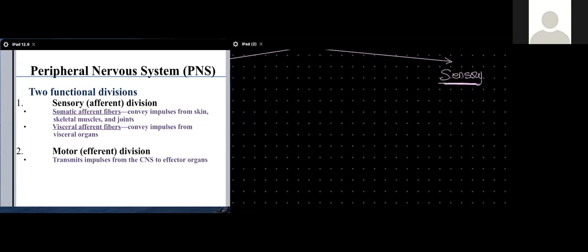So the sensory nervous system is going to be called another name, which is the afferent. Afferent, I'm conducting the signals to the brain, to the control center.